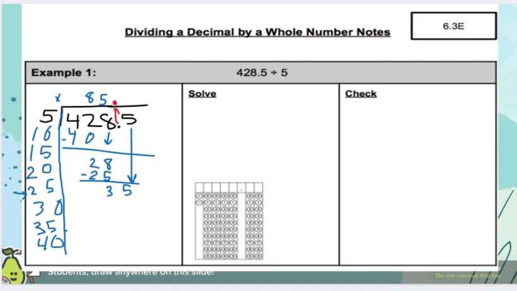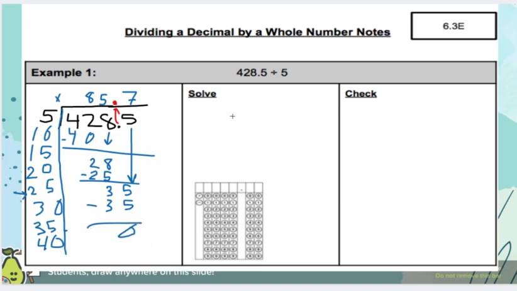So now what I'm going to be working with is the number 35. How many times can 5 go into 35? Let's check. 1, 2, 3, 4, 5, 6, 7. It goes in evenly 7 times. 5 times 7 is 35. I subtract and I get 0.